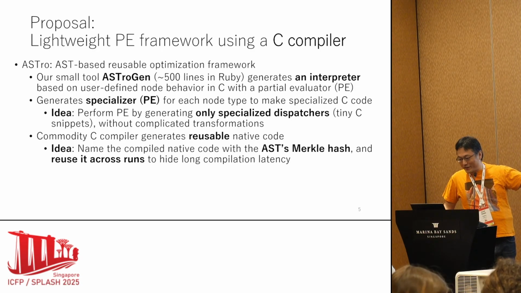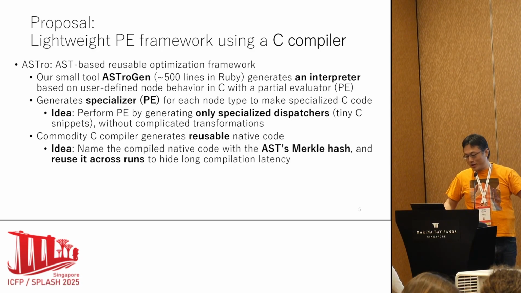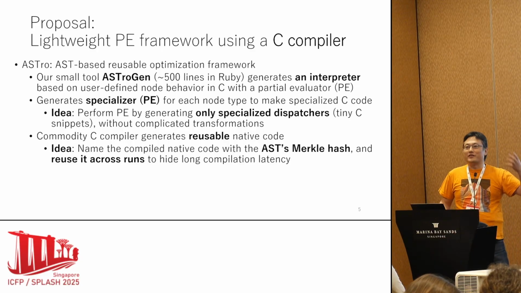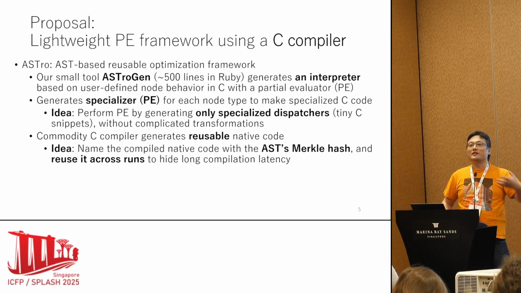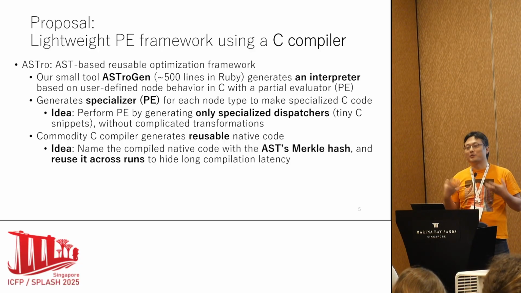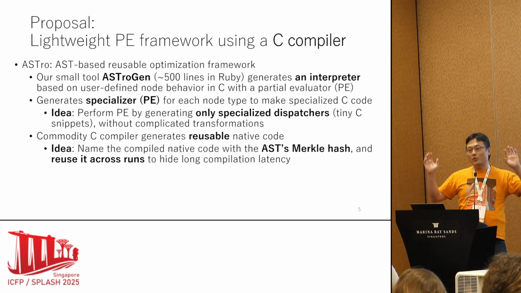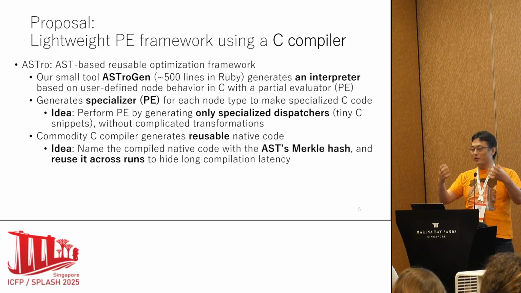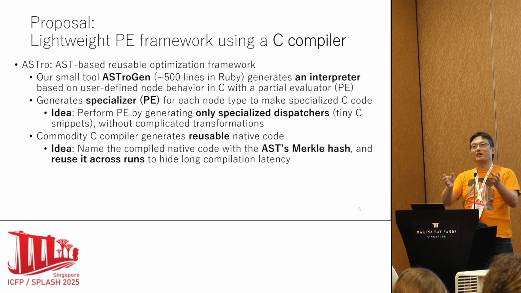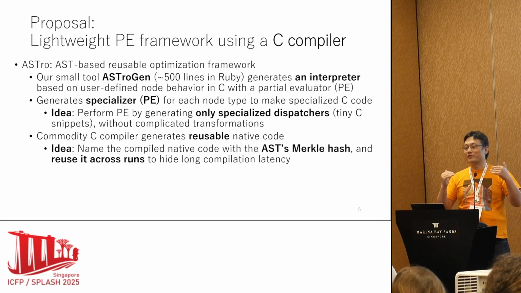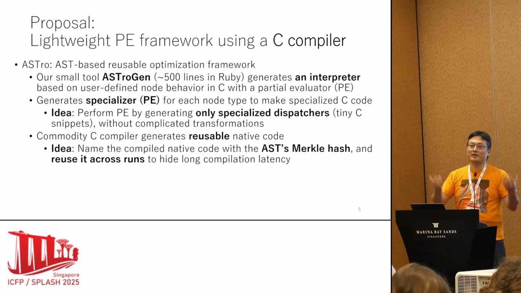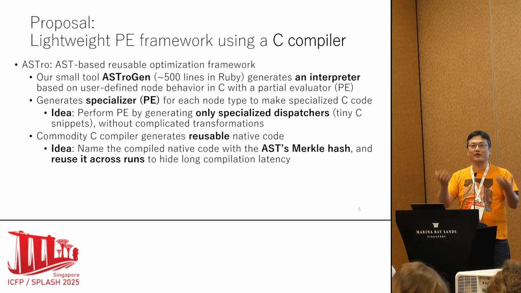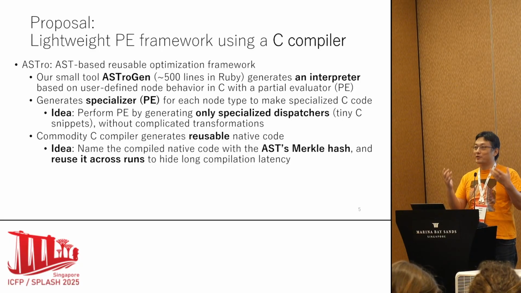Our tool, ASTro, generates specialized C code, and we can get highly optimized code. Our tool, ASTroGen, written in under 500 lines of Ruby code, generates an interpreter with the specializer, the partial evaluator, for the given AST.